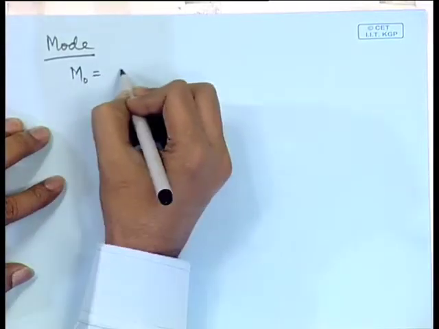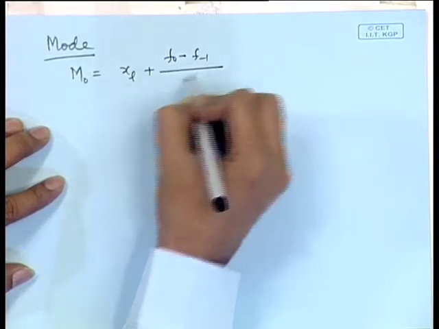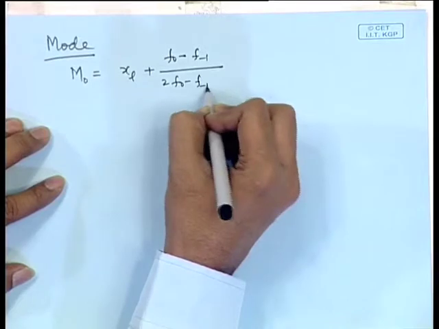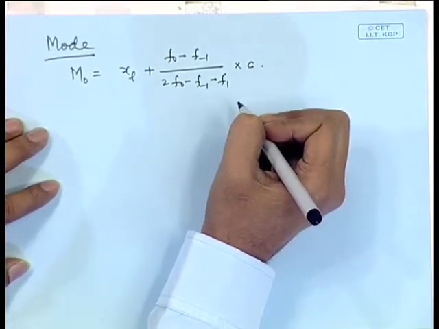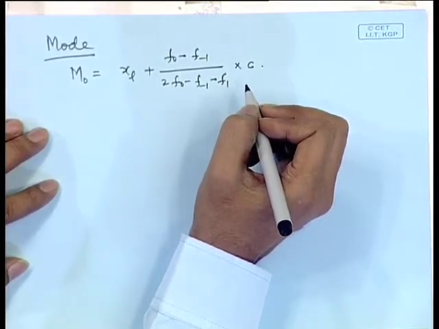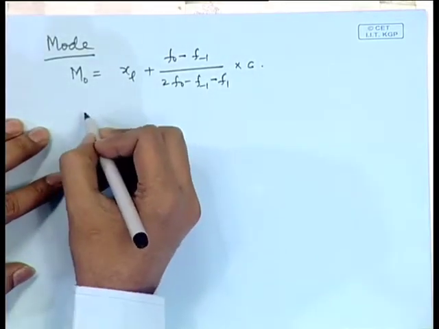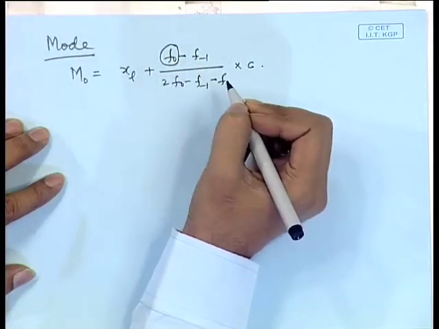However, once again, if I have frequency classification data in the form of class intervals, in that case we need a particular formula. That formula is: mode is equal to x L plus (f naught minus f of minus 1) divided by (twice f naught minus f of minus 1 minus f of 1), into C. So, what we do, we consider the class interval of the maximum frequency, and f naught is the frequency of that class, that is called the modal class.